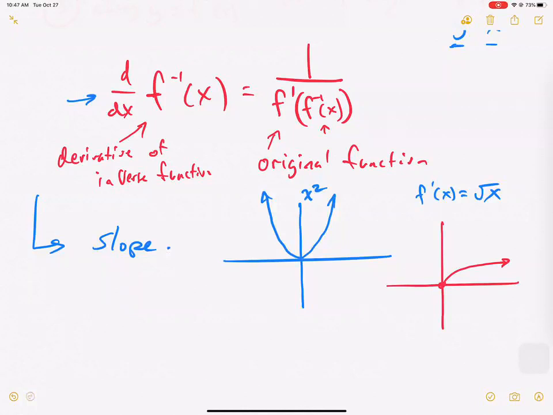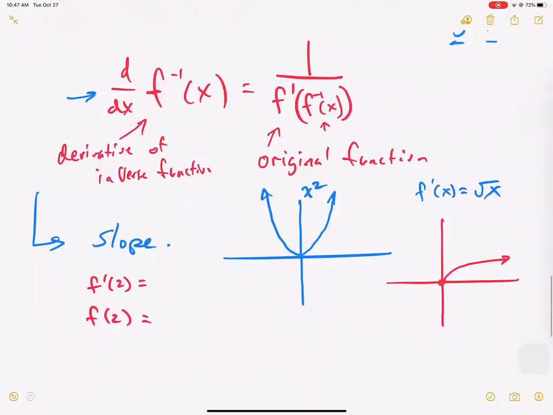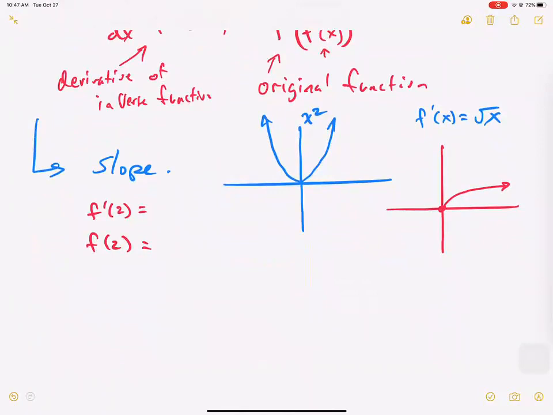Can you guys tell me what is the slope? What is f prime at 2? Also tell me what is f at 2.